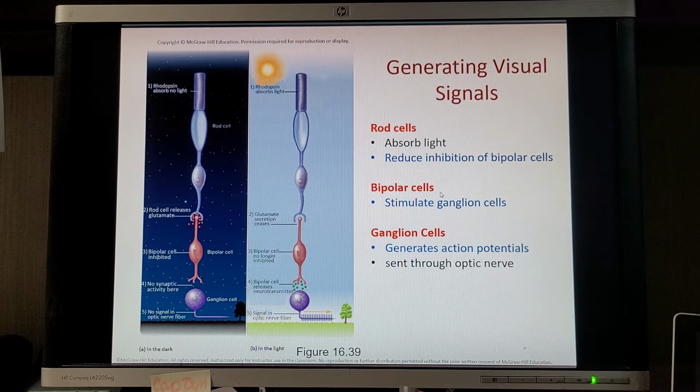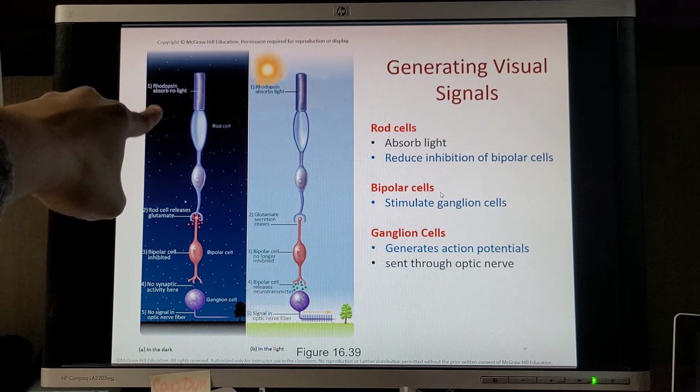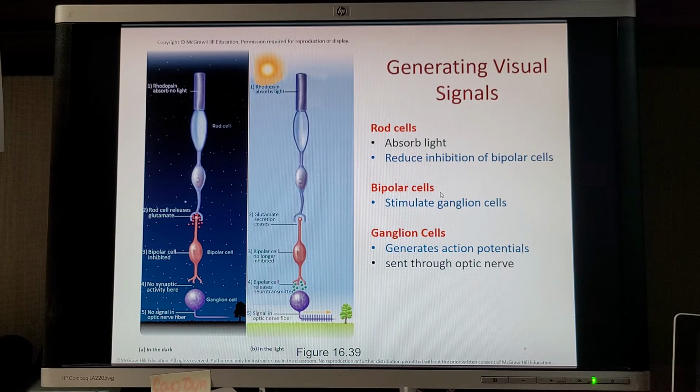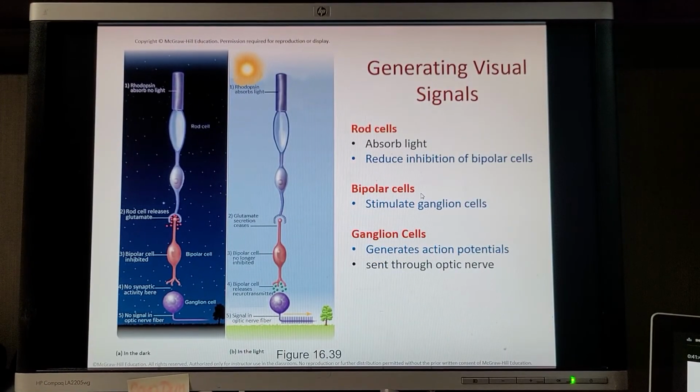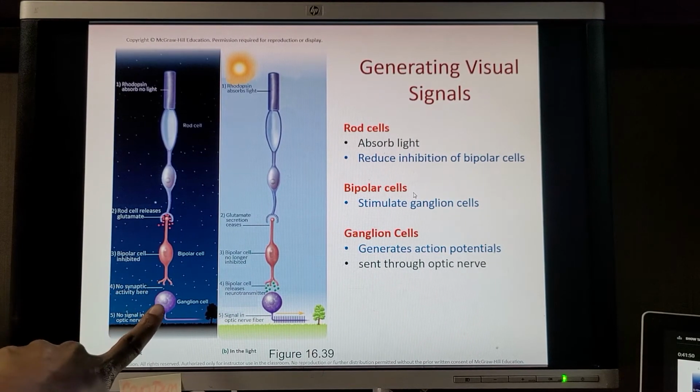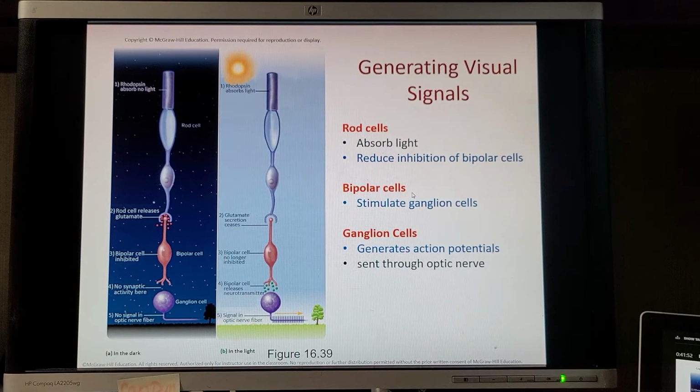There are pigments in them that are able to react to different types of light. When there is no light being detected, the photoreceptor cell inhibits the bipolar cell from generating an action potential. So there's no signal being sent to our ganglion cell.